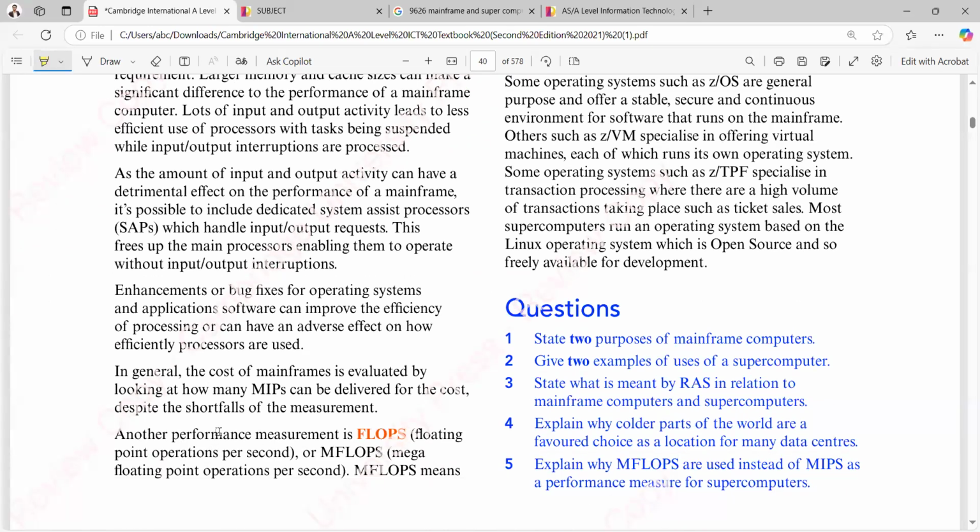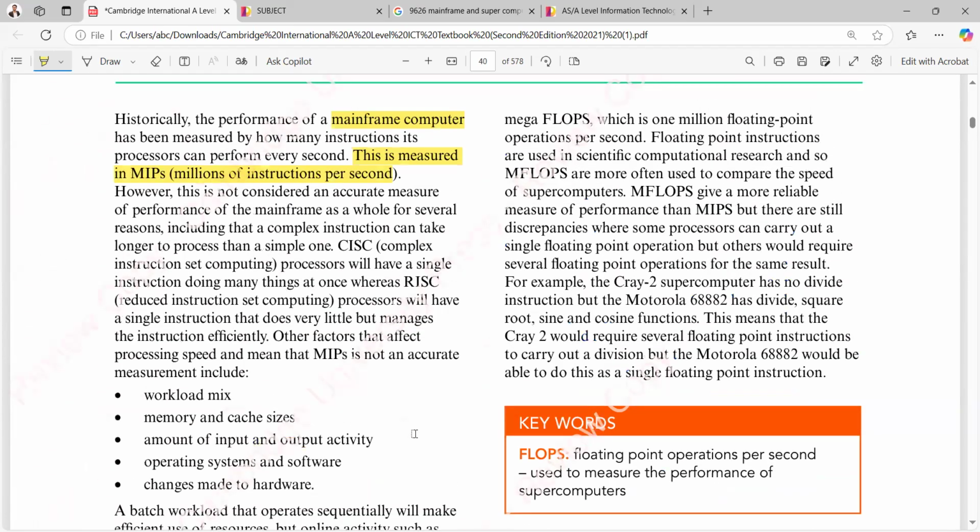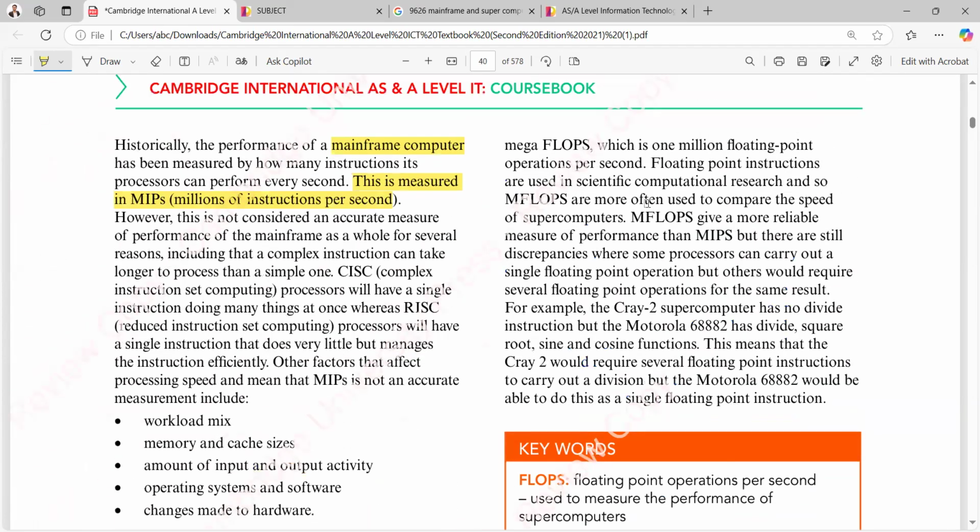Another performance measurement is FLOPS, which stands for floating point operations per second, or megaflops, which is 1 million floating point operations per second. Floating point instructions are used in scientific computational research and so on. They are used to compare the speeds of supercomputers.